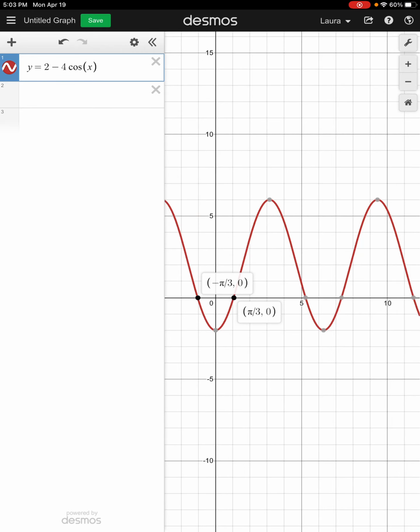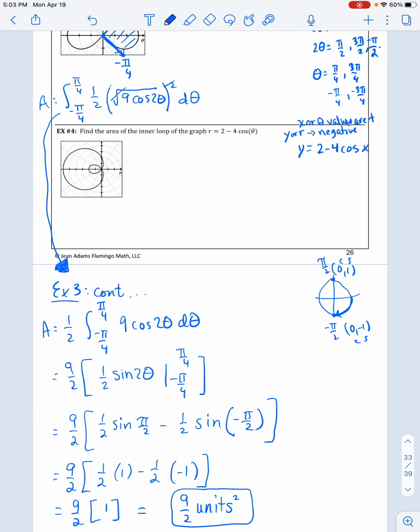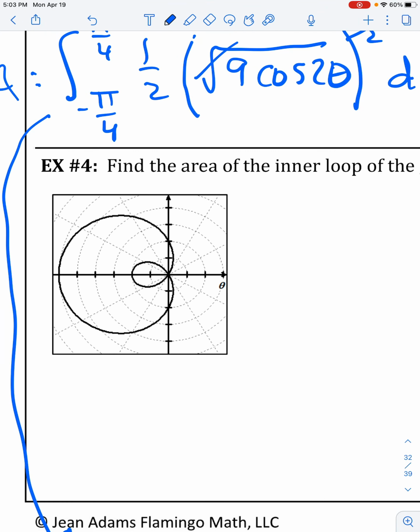So we also want to look at the angles that are being produced. Let me go back to look at this picture. What I mean by that is we have angles here and angles here where this starts to produce this inner loop, right?